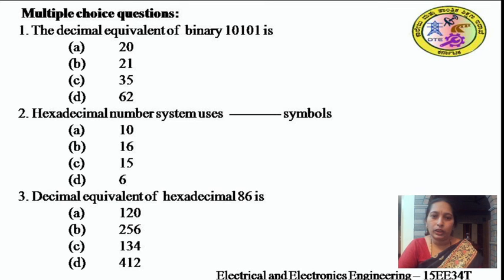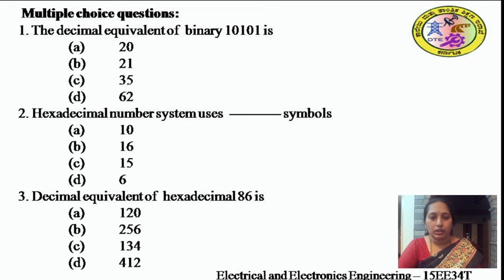The decimal equivalent of binary 10101 is: we have learned how to convert binary to decimal by multiplying each binary bit by its weight and taking the sum of products. If we do that, I'll get the answer as 21. The right choice is B.